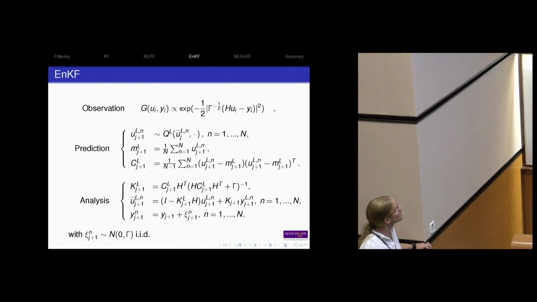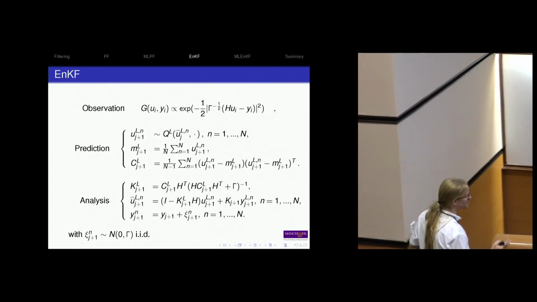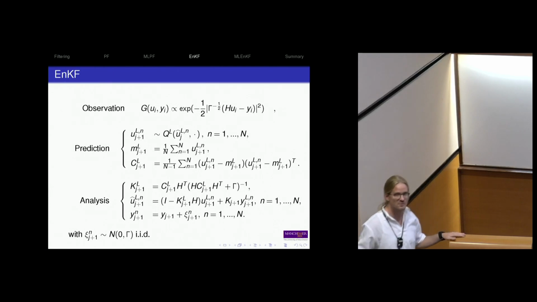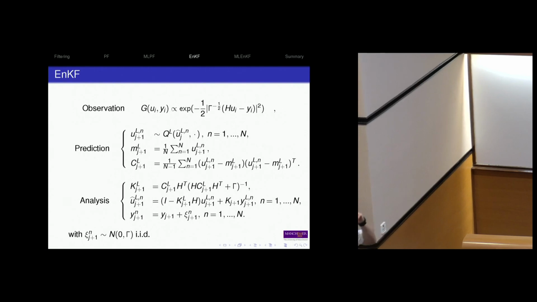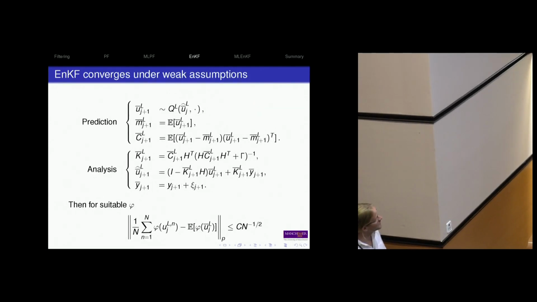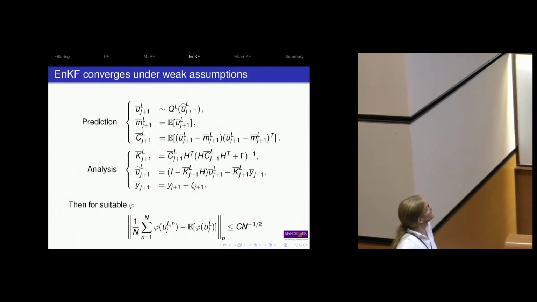So for each particle, you construct this pseudo observation, which has an additional realization of the noise on there. The reason you do that is because in the linear and Gaussian case, where the limiting thing is the Kalman filter, this will converge to the limiting Kalman filter. It won't if you don't include that term. So that's the best explanation for that.